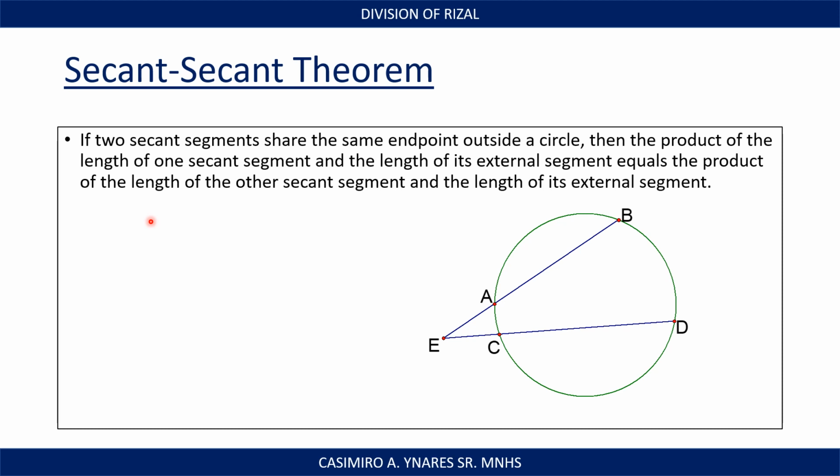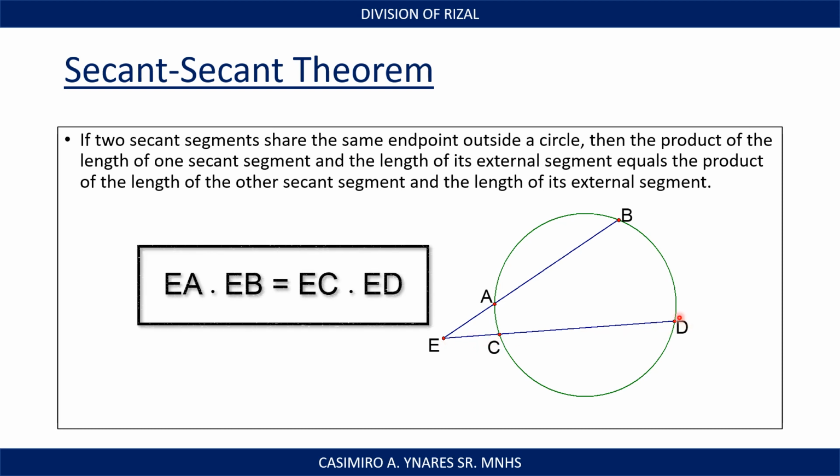Look at the figure. So we have here two secant, kaya siya tinawag na secant theorem. Ito yung ating second line. Meron tayong external at meron tayong internal. Ito yung other secant. Meron tayong external at meron tayong internal.